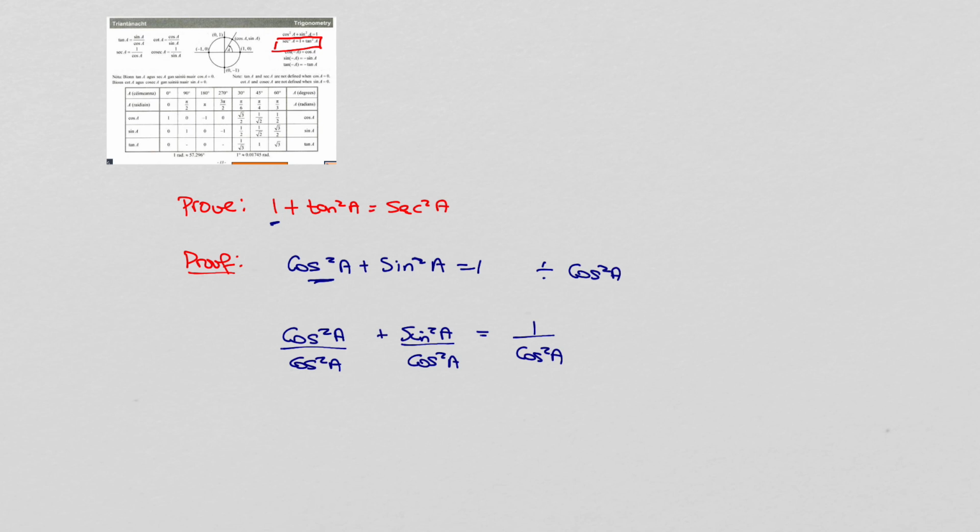Cos goes into cos once. Sine squared over cos squared is the same as tan squared. And 1 over cos squared, well, that's sec squared. And then you're done. So we'd say dot, dot, dot: sec A equals 1 over cos A, and tan A equals sine A over cos A.